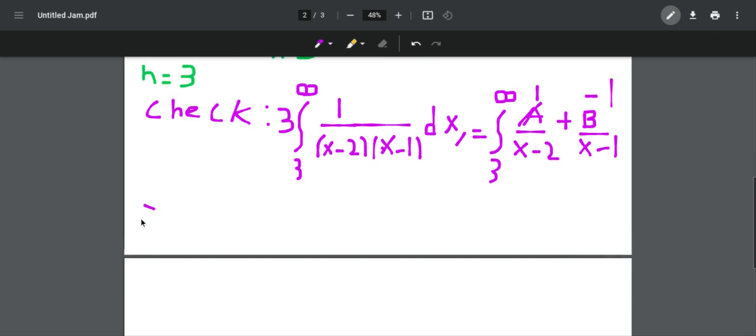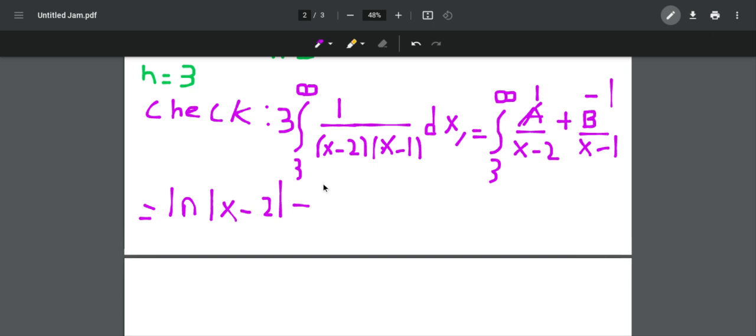So what do we get? If we calculate the integral, 1 over x minus 2 has an integral of natural log of the absolute value of x minus 2, and I put absolute value because there might be some negative values, just for making sure.